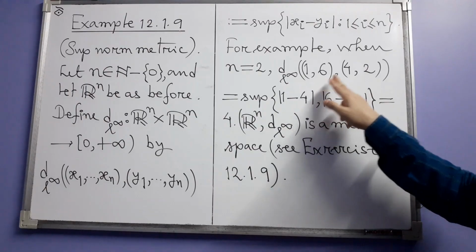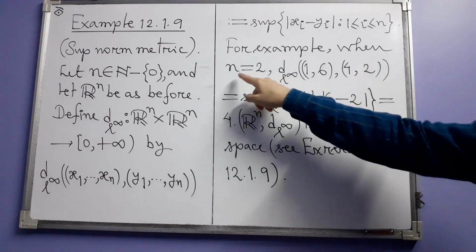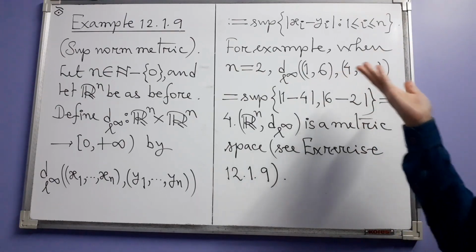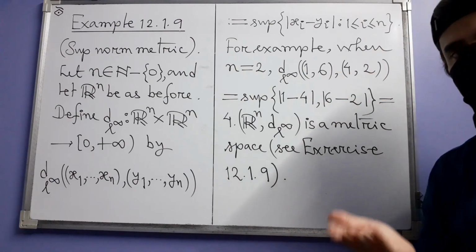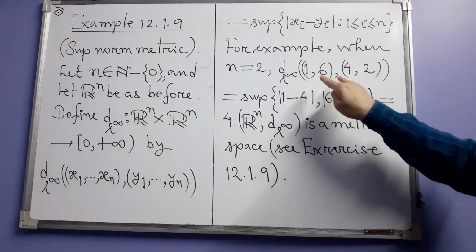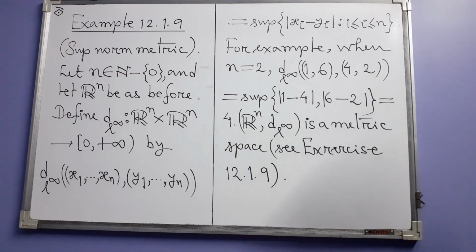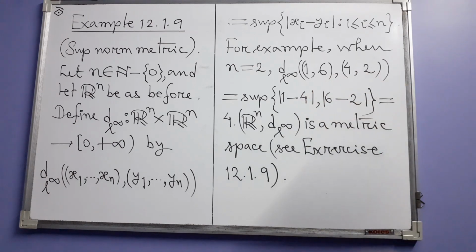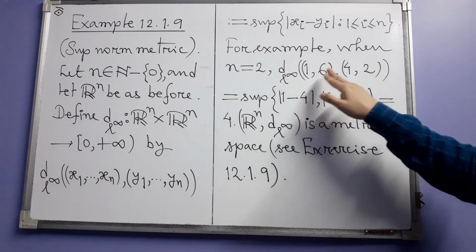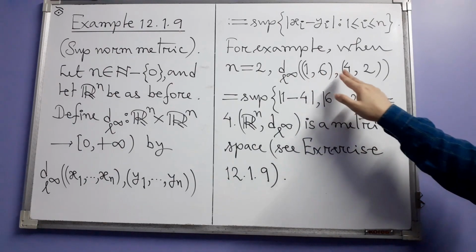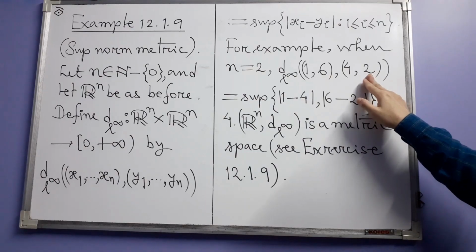For example, if we go back to the example that we have been taking, when we discussed the L1 metric and L2 metric, we calculated the distances between these 2 points in those metrics. So let's calculate this L infinity distance also. So you would have to consider these two numerical differences between 1 and 4 and between 6 and 2.